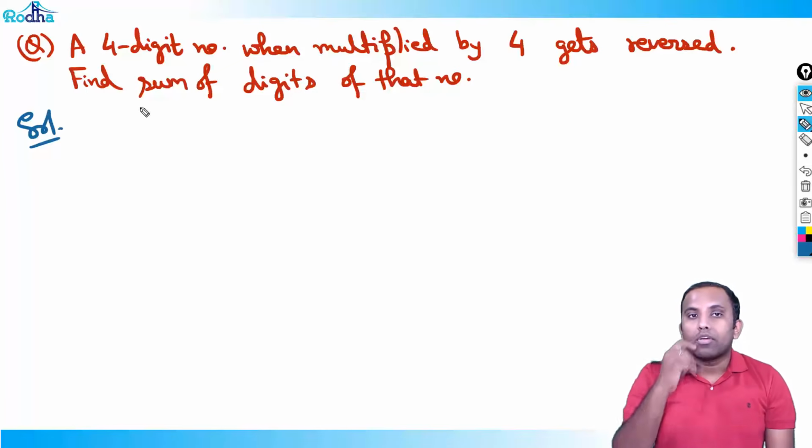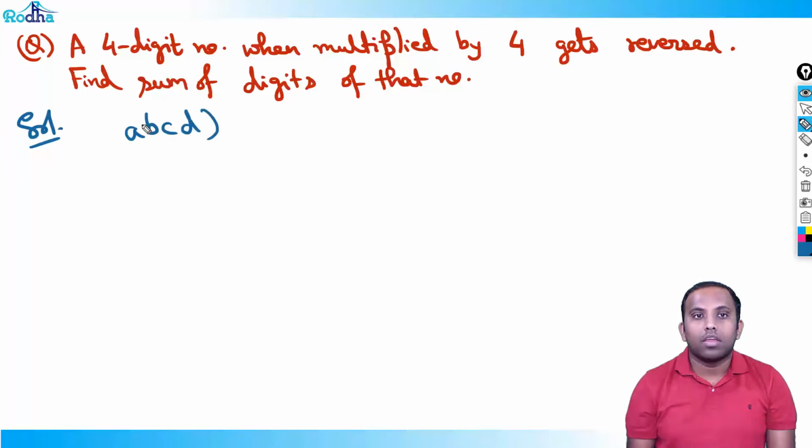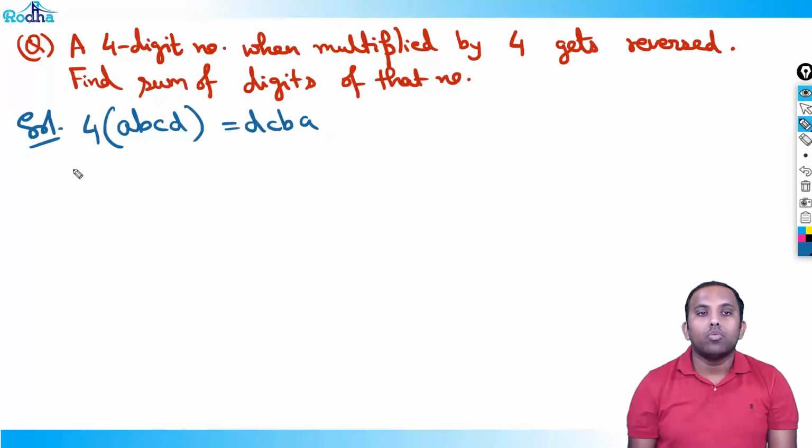Okay, so a 4-digit number when multiplied by 4 gets reversed. That means the number is ABCD, and when multiplied by 4, it becomes DCBA, right? So the first point you can think of is that the number when multiplied by 4 remains a 4-digit number.